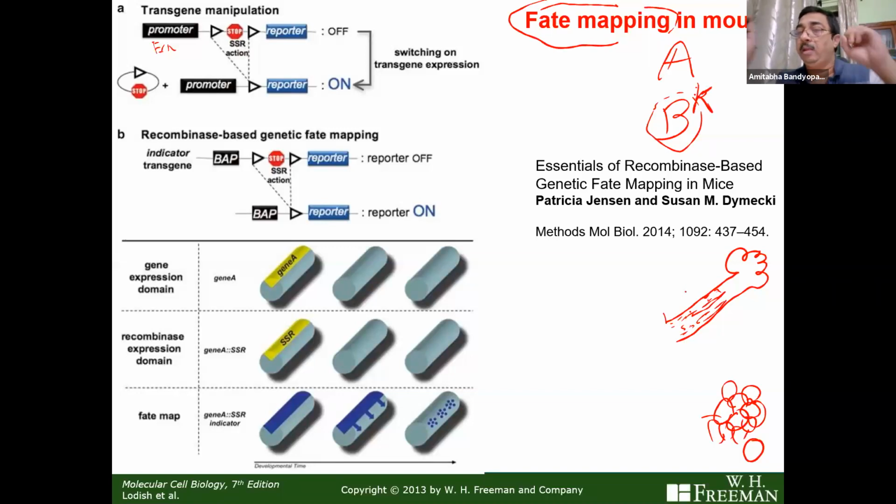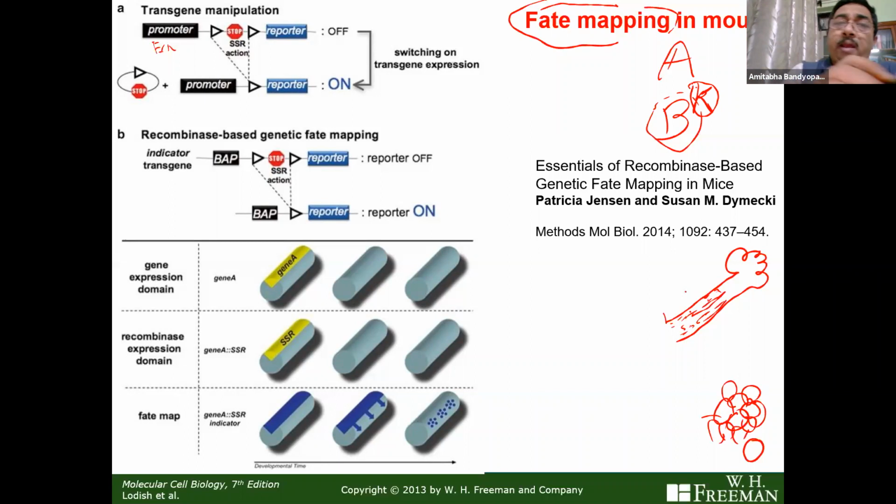That means the promoter enhancer of K ensures that the RNA right after it will be transcribed in B and B alone and nowhere else.